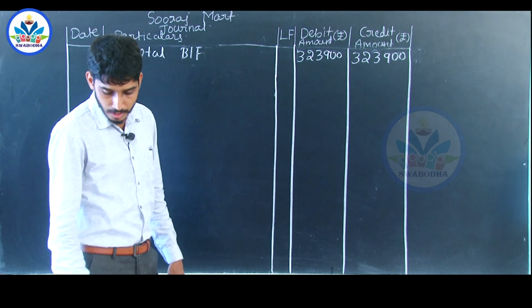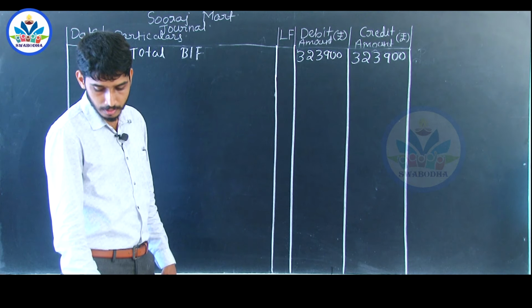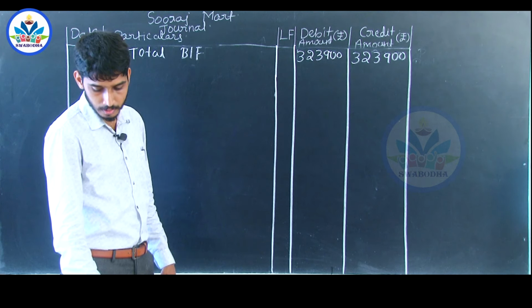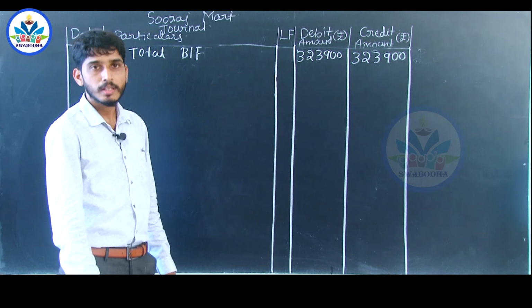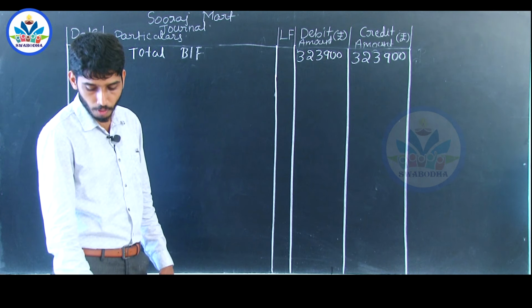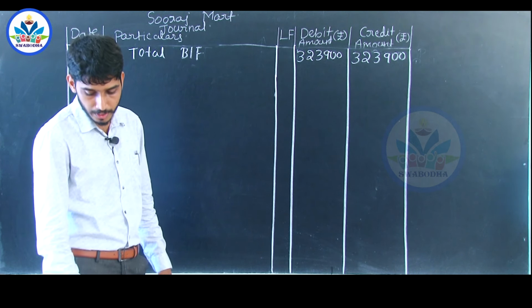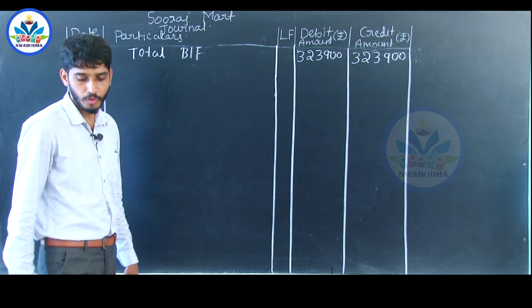Next transaction is cash withdrawn for household purpose rupees 5,000 on 29/4/2014.